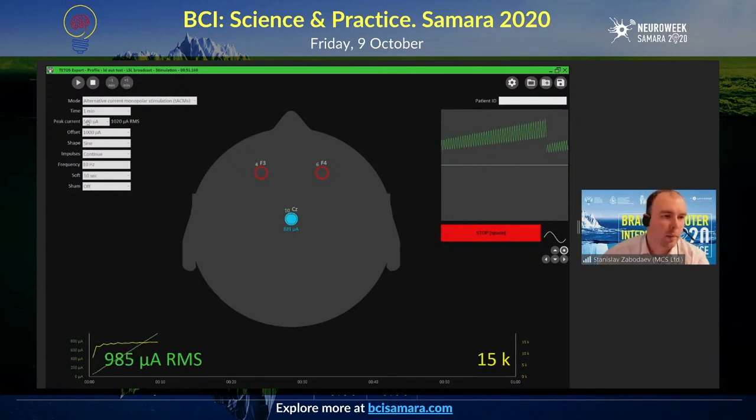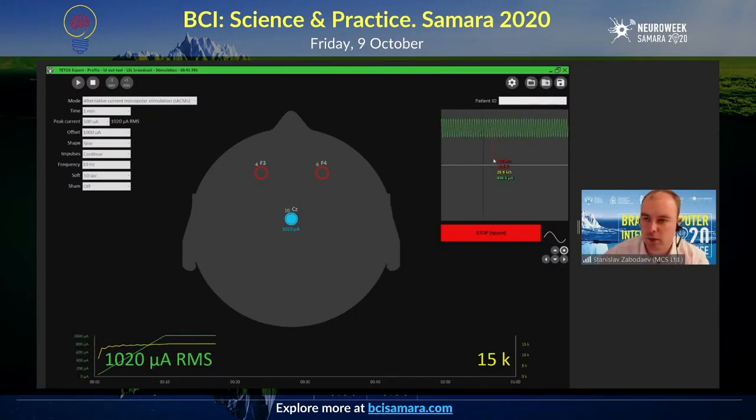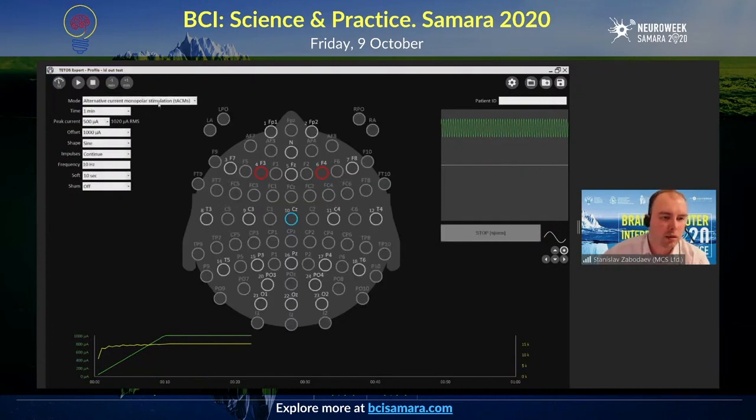And this is how it looks like. The peak will be at 500 microampere, and here the offset is 1 microampere.